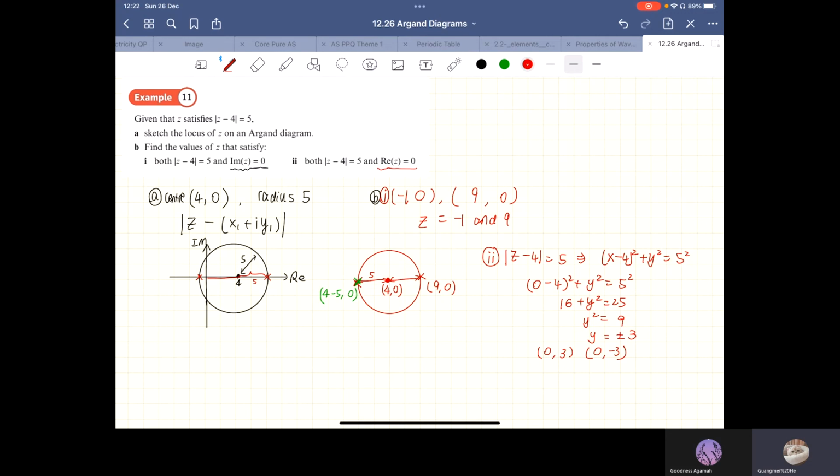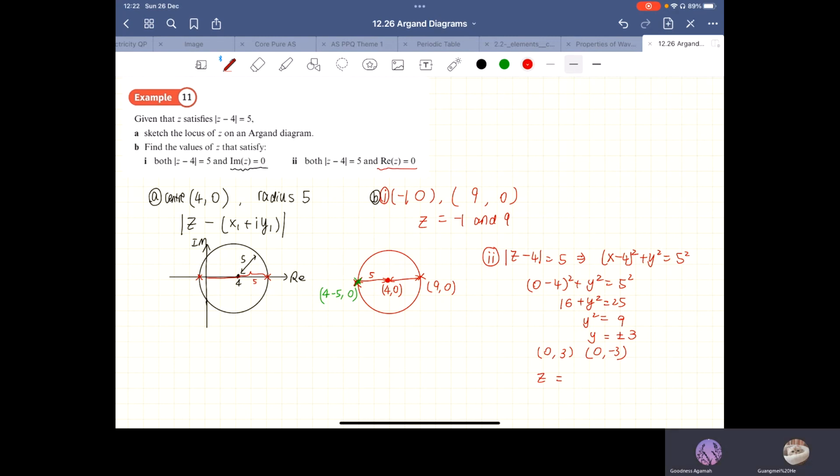And then the values of z, what are the values of z? It's -1, 0, and 9, 0. Right?